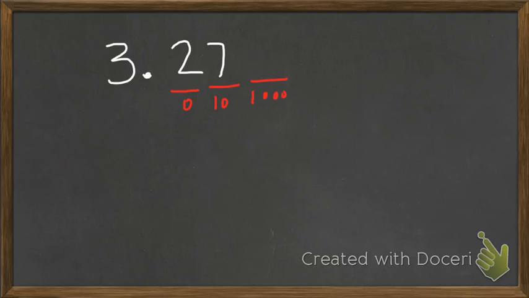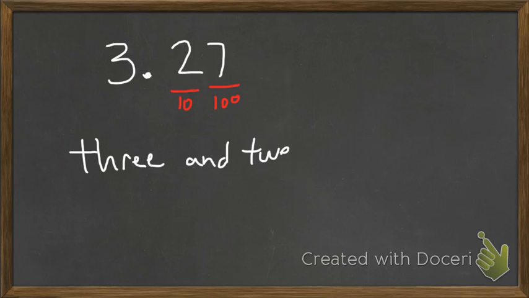So this one would be read as 3 and 27 hundredths.